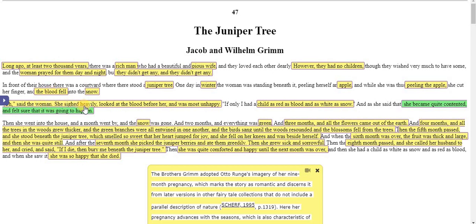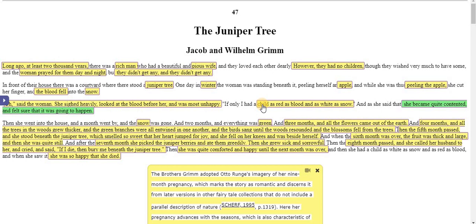She sighed heavily. Sighed means a long breath, a deep breath. She looked at the blood before her, and she was most unhappy because she was wishing to get a child, and the onset of menstruation means that she again has to wait for another cycle in order to conceive. If only I had a child as red as blood and white as snow.